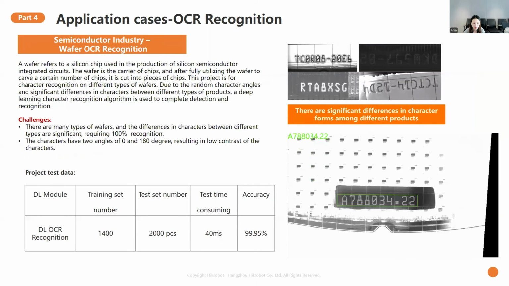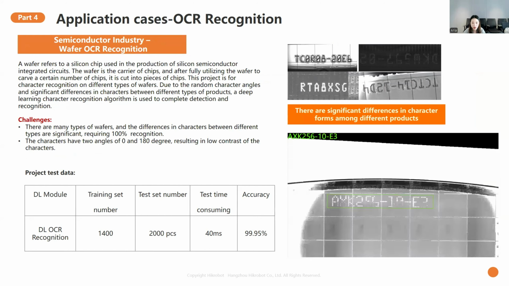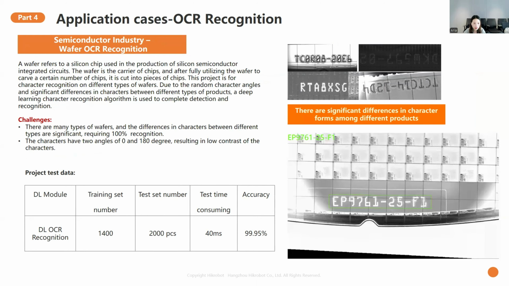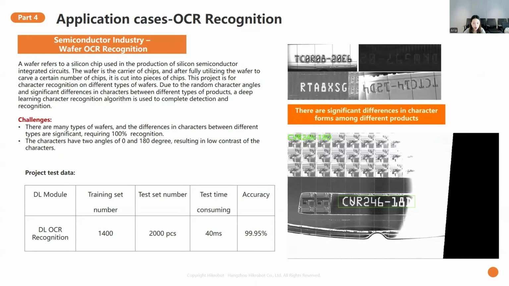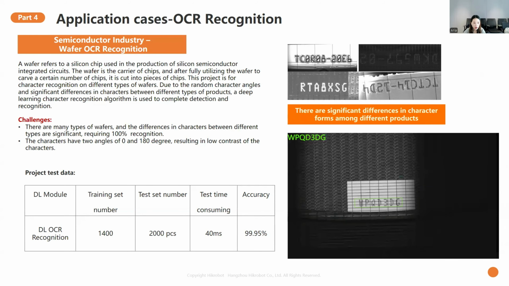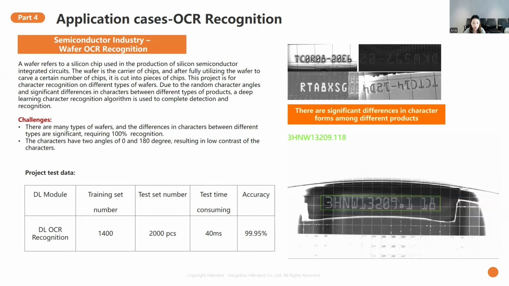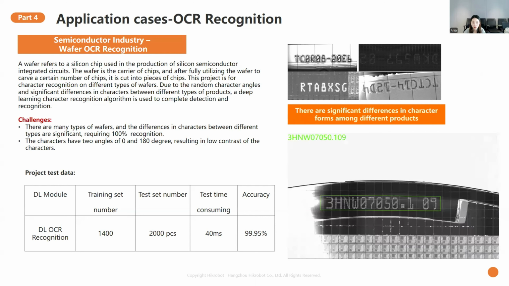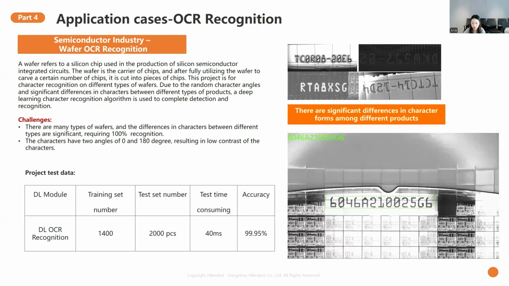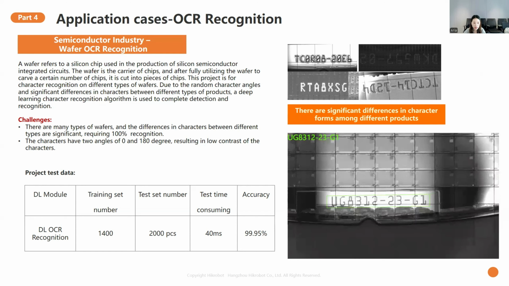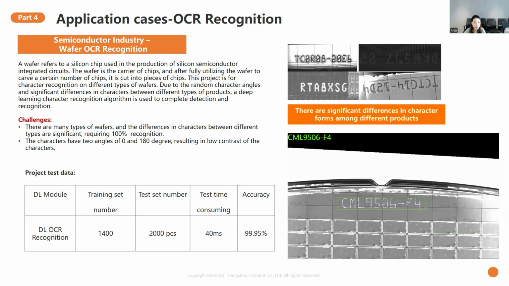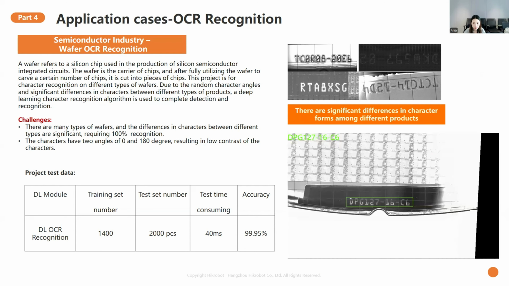The last application case is OCR recognition in the semiconductor industry, to recognize OCR on wafers. A wafer refers to a silicon chip used in the production of silicon semiconductor integrated circuits. This project is for character recognition on different types of wafers.